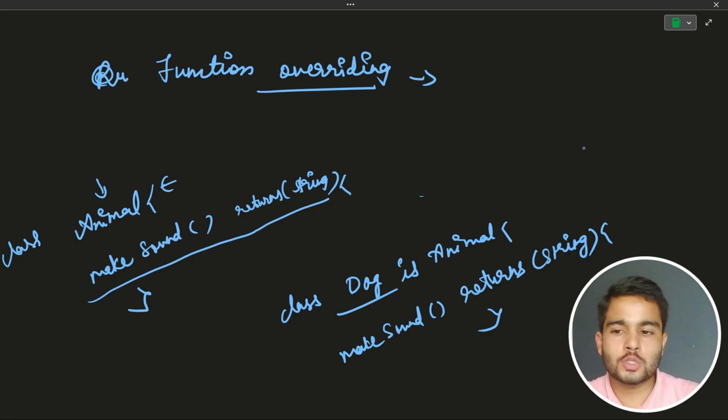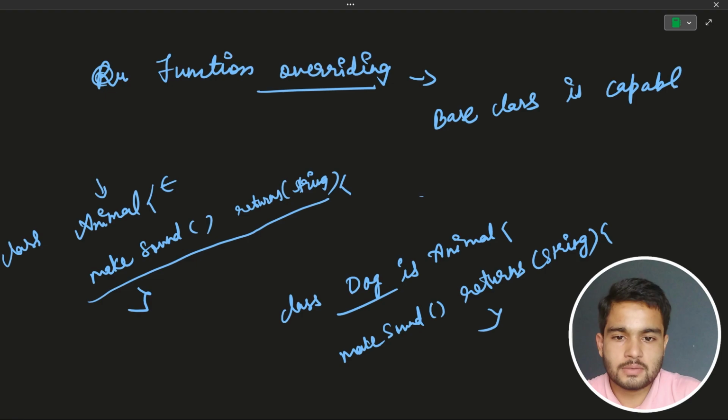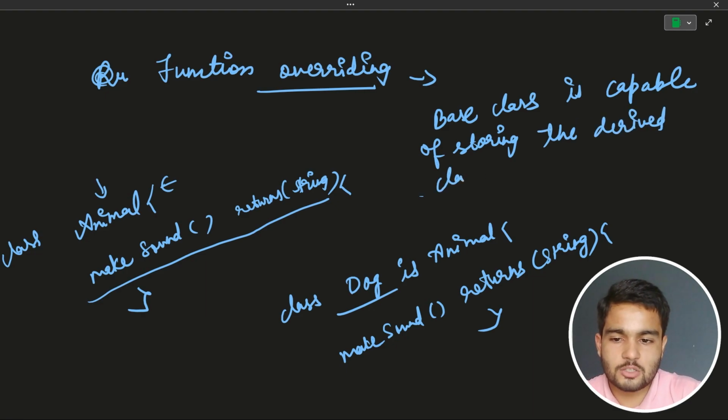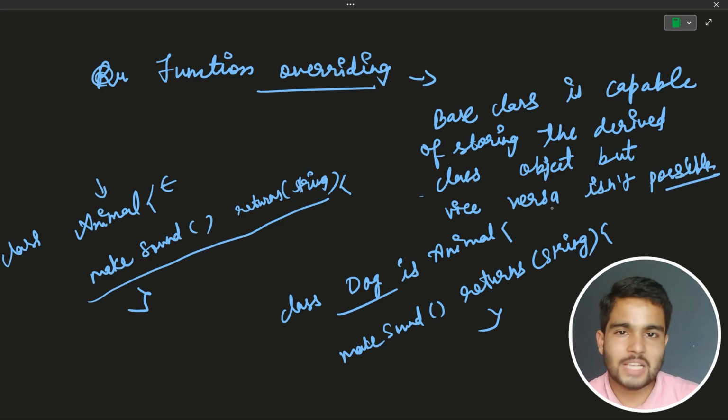And one thing you should know is that a base class object or pointer is capable of storing the derived class object, but vice versa is not possible.